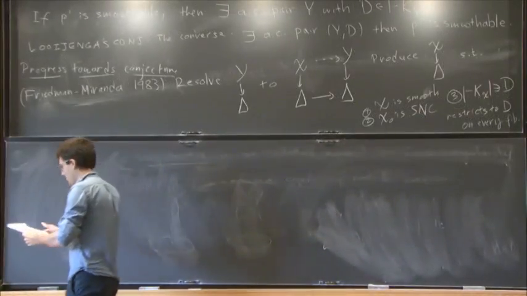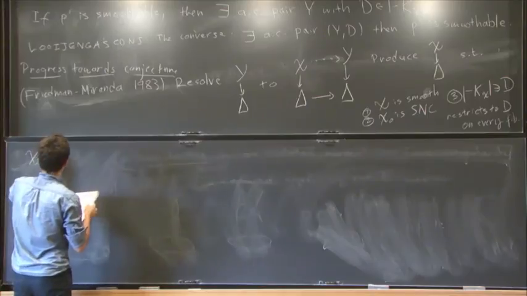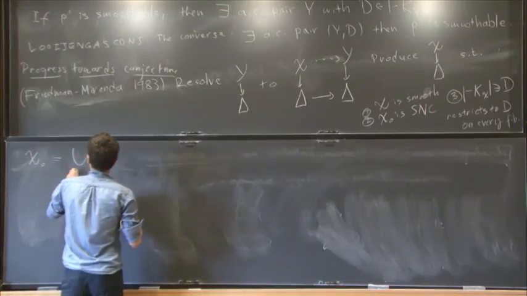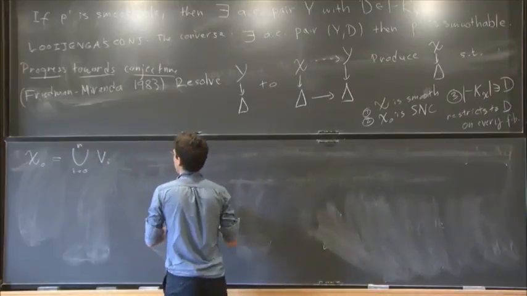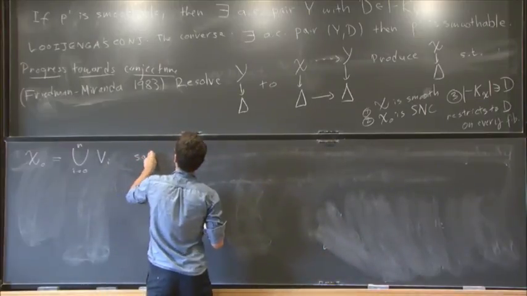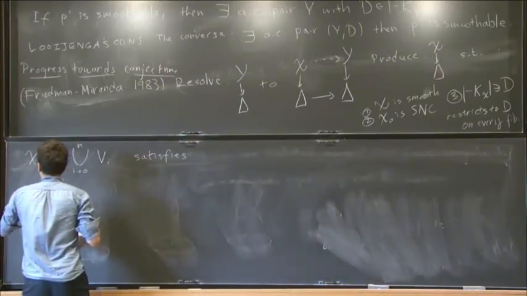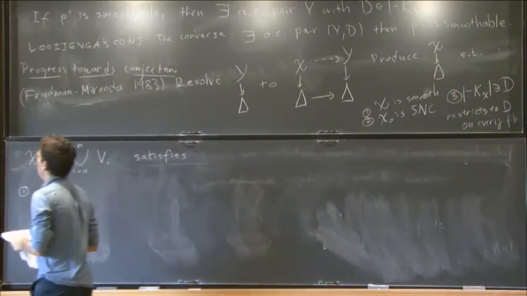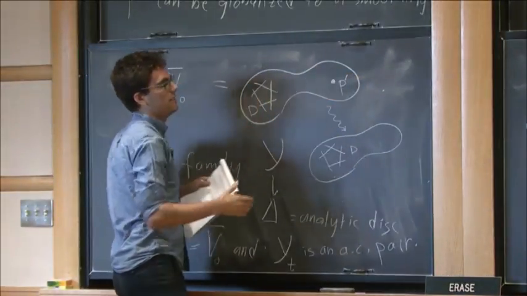So let's write down some properties that this central fiber X_0 satisfies. It's a simple normal crossings union of surfaces V_i, and it satisfies the following conditions. First, after the very first blow up of this family at P prime, the cycle P prime gets resolved on this surface.